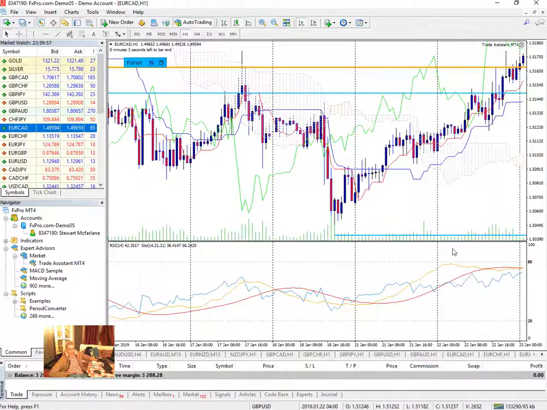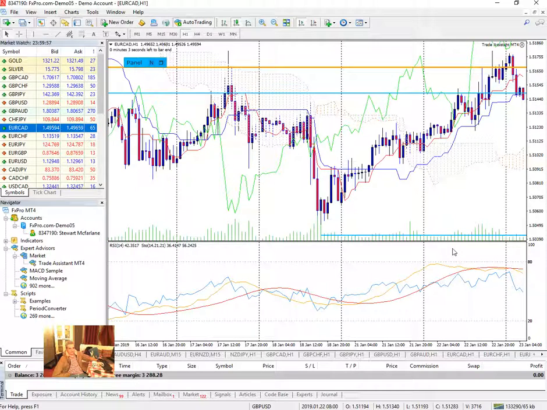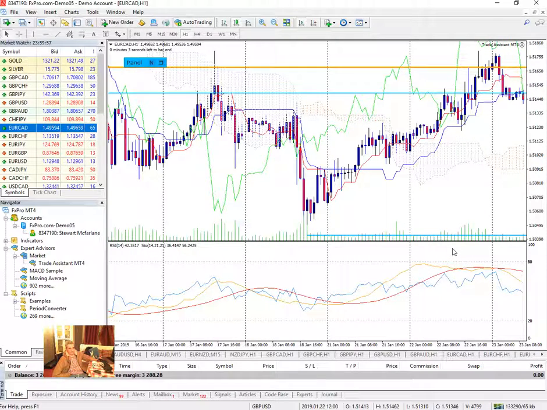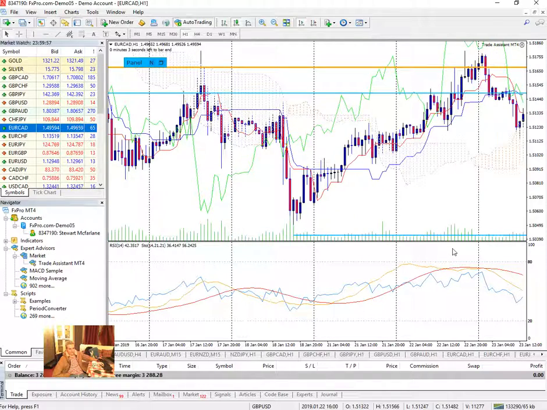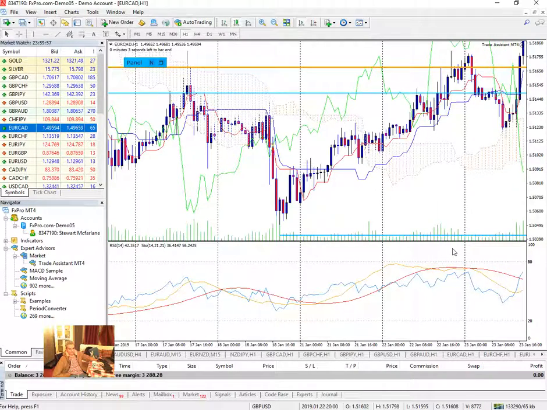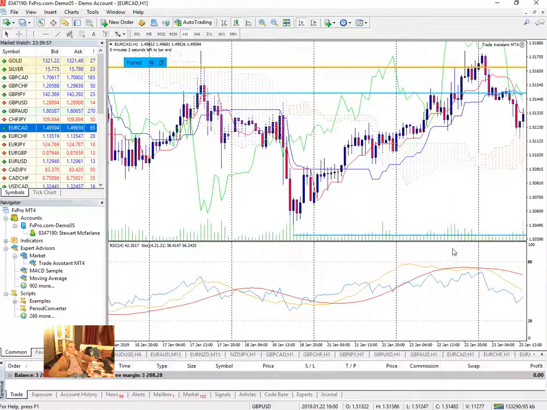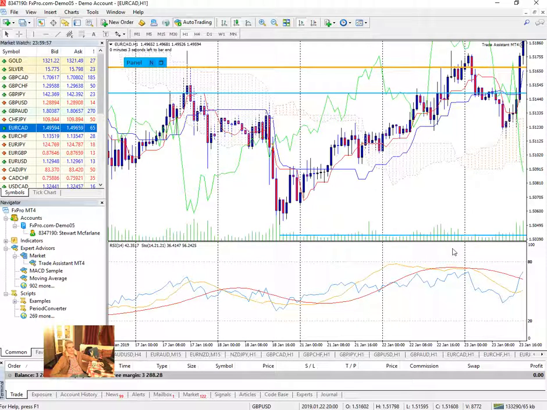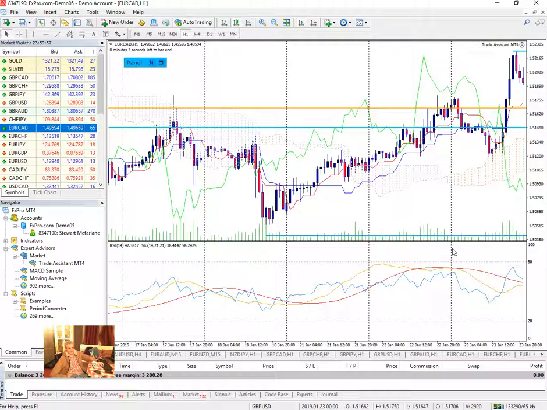That red line is coming down. See that blue one? The blue one is definitely where that's pointing.